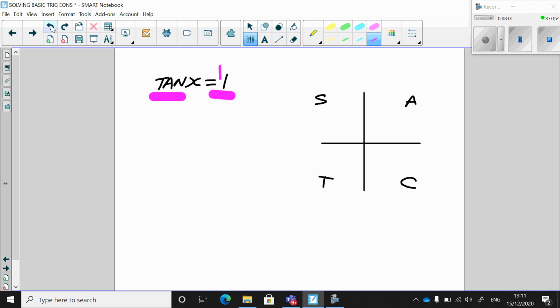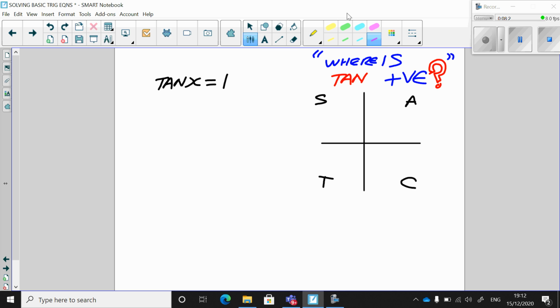So the question we're asking here is, where's tangent positive? Which two? Well, you always tick A for all, and the letter in front of the trig part gives you a clue. T. So you're going to tick that. So A and T, there you go. Put some little formulas inside there. You should have memorised them by now.